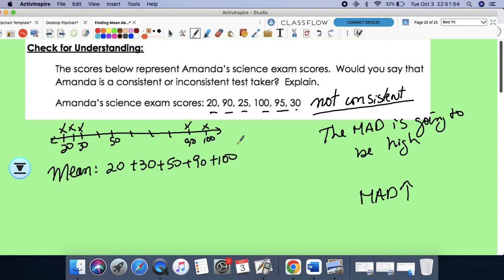Enter. 290. 290 divided by 1, 2, 3, 4, 5. And the mean is 58. So let me put a little flag on 50. That's 50. This is 60. 58 right here.